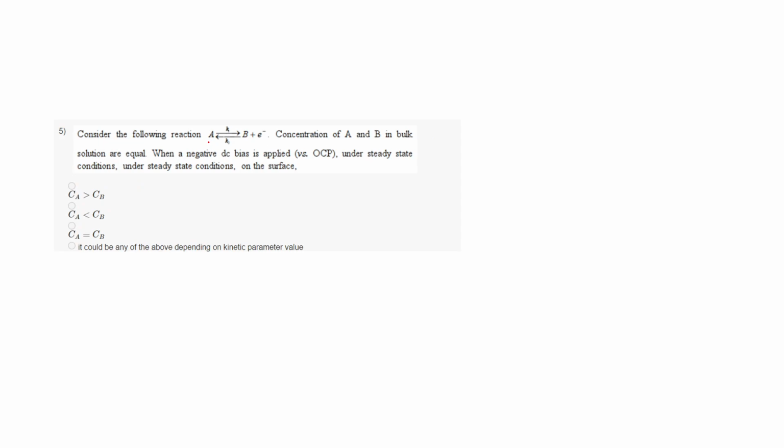So the next question. Consider the following reaction: A giving B plus electron. It's a reversible reaction. Concentration of A and B in the bulk solution are equal. When a negative bias is applied under steady state conditions on the surface, which one is the correct?